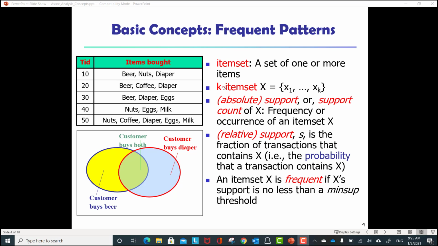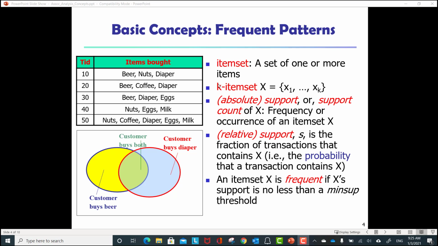How about a two-item set? A two-item set means an item set with two items. For example, two-item sets include beer and nuts, beer and diaper, nuts and diaper, beer and coffee, coffee and diaper, things like that.